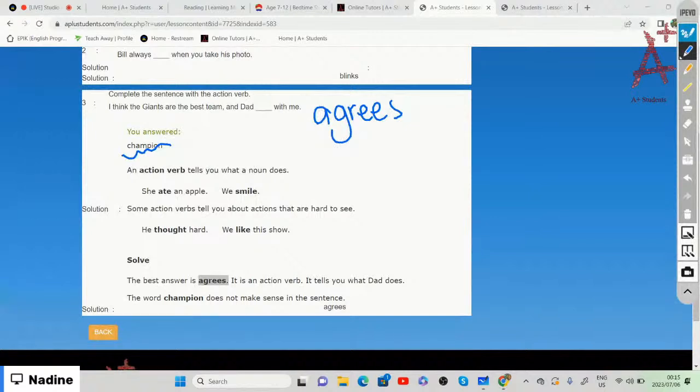It needs to sound proper and make sense within the sentence before we choose it. So I think the Giants are the best team and dad agrees with me, because champion means something else.